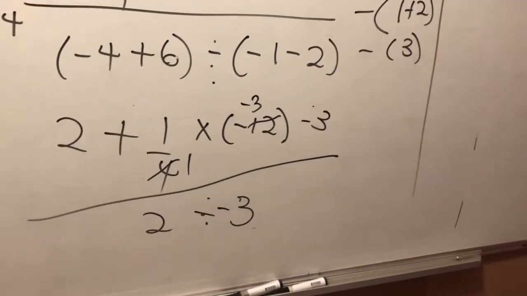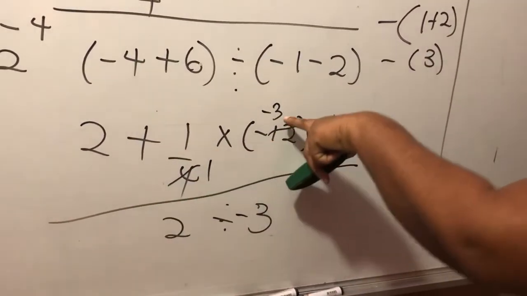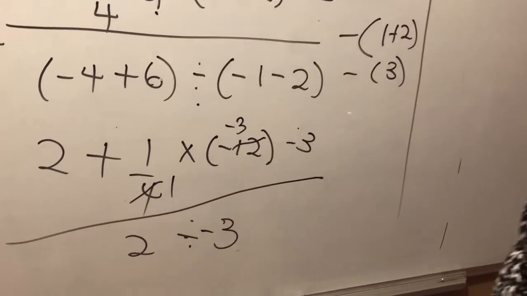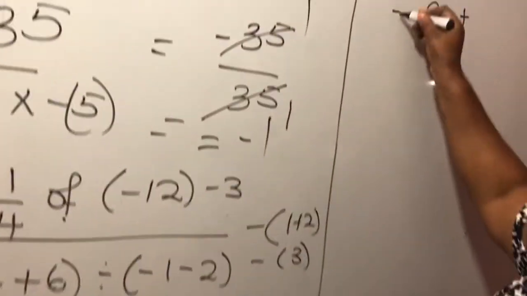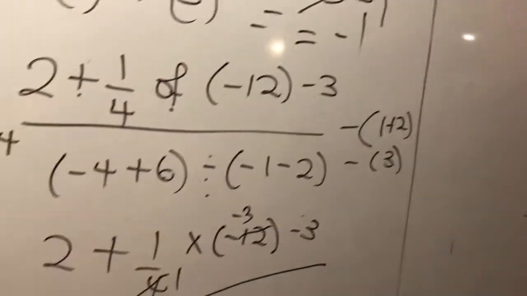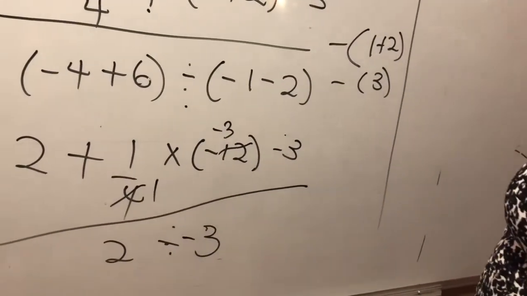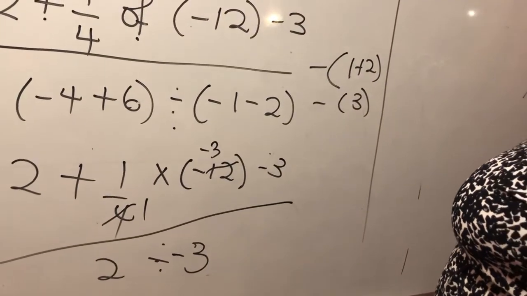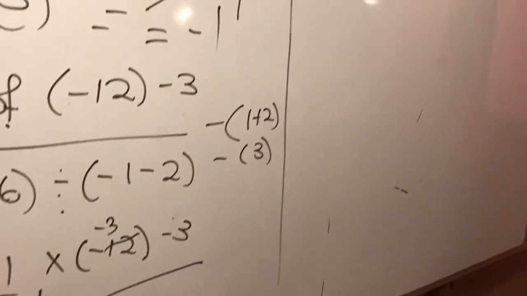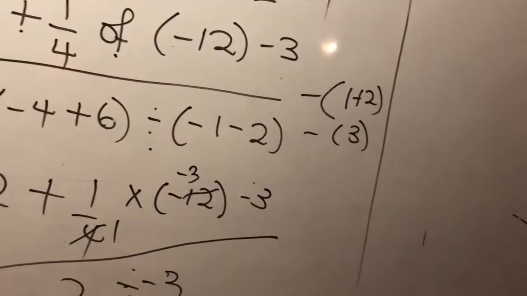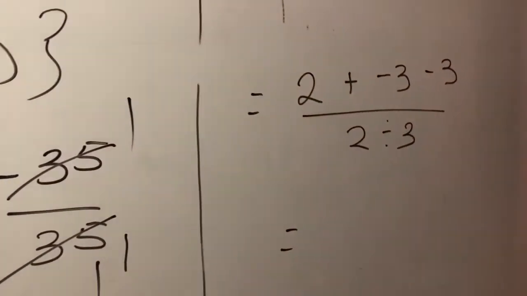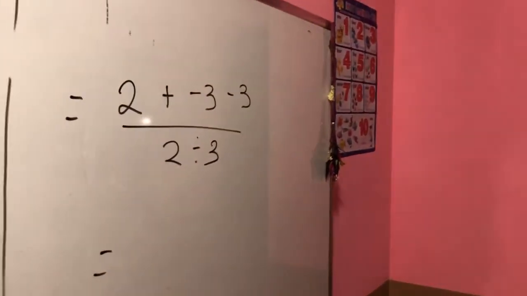So what are we left with at the top? We have 2 plus negative 3 minus 3 all over 2 divided by 3. So let's write it here: 2 plus negative 3 minus 3 all over 2 divided by 3. Okay, so what do we have here?